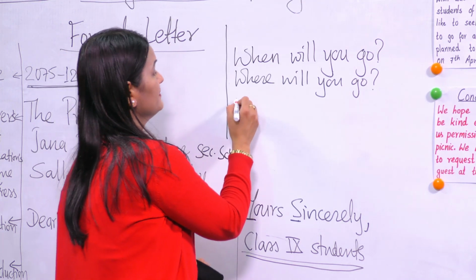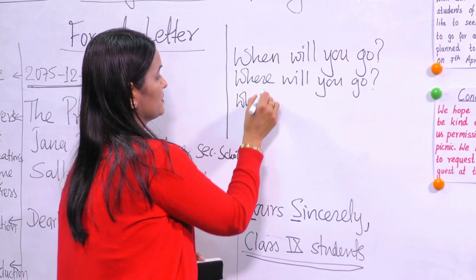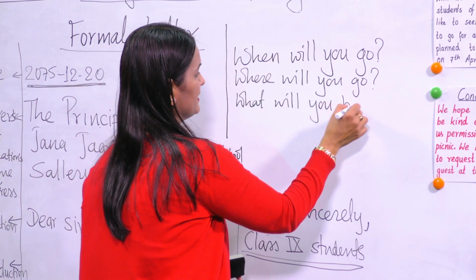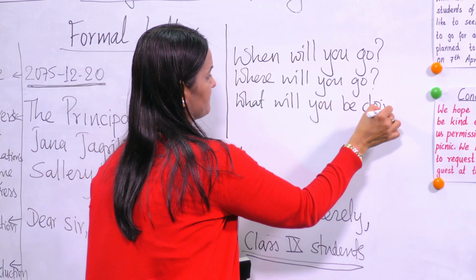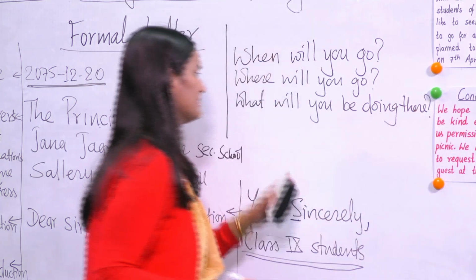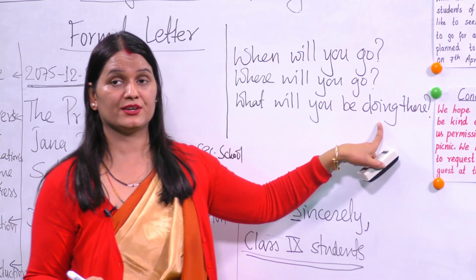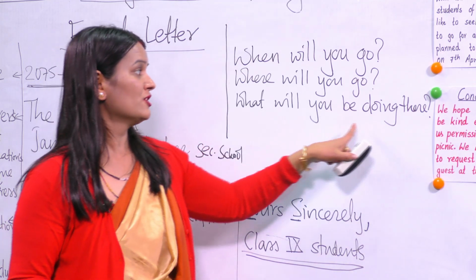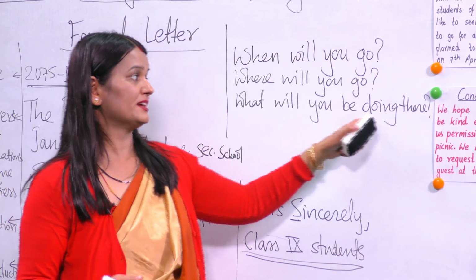Now, the next one. What will you be doing there? This one also you have to keep in mind. What will you be doing? What is your intention? What is your plan to do? You have to write there what you will be doing.